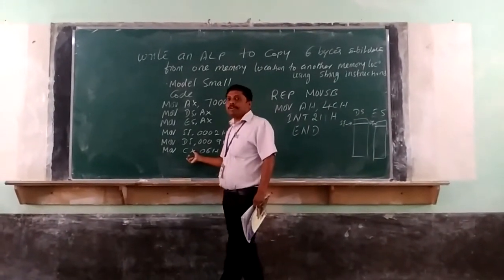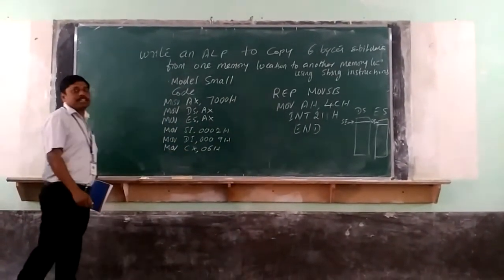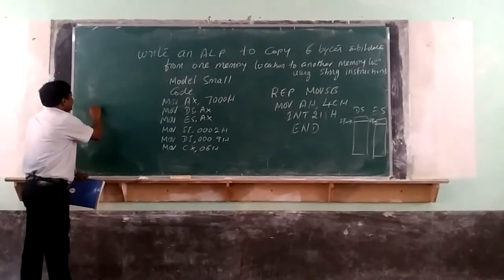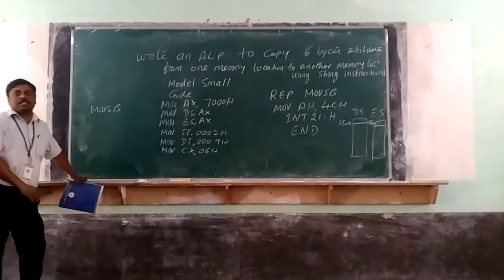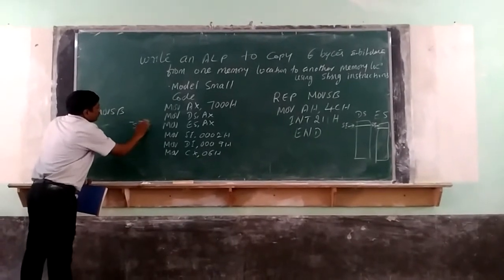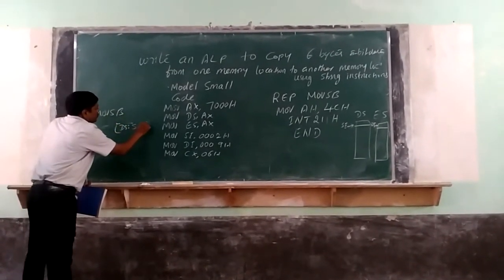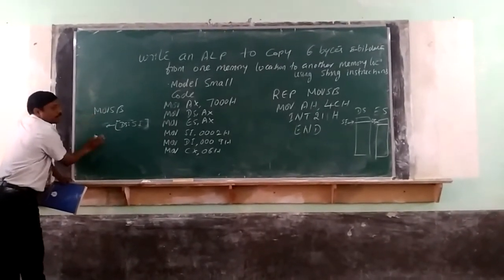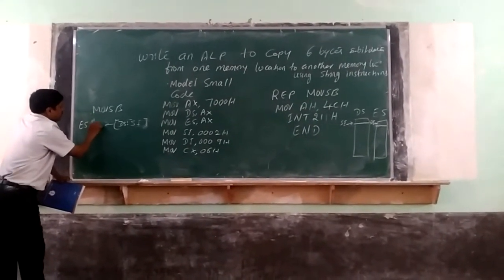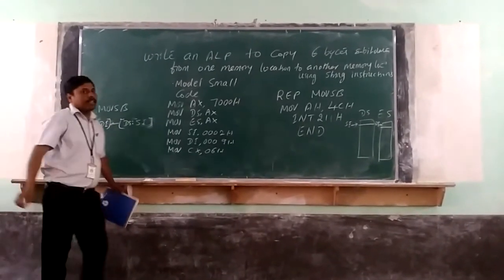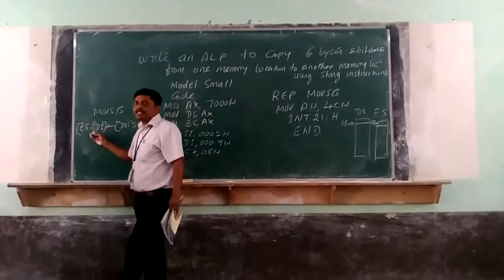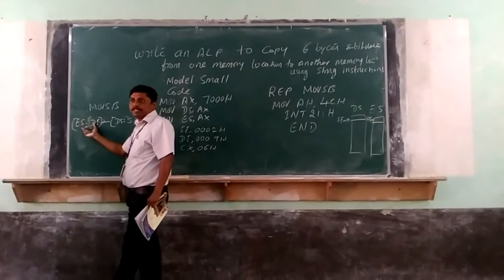Then how many times we are going to transfer, that we store in CX. The advantage of using this instruction, MOVSB: if you use just MOVSB, it is going to transfer the data from source to destination. Source is data segment, destination is extra segment.